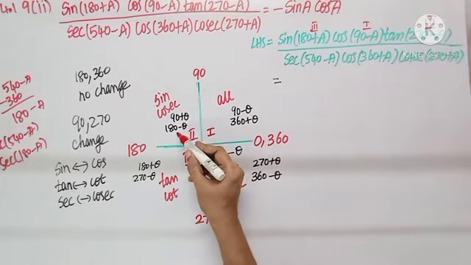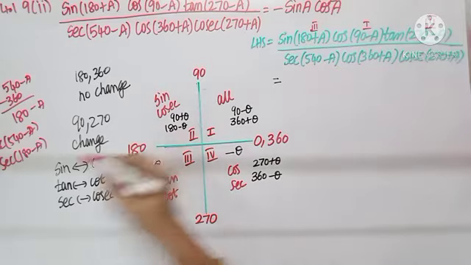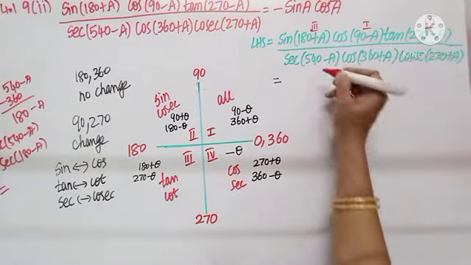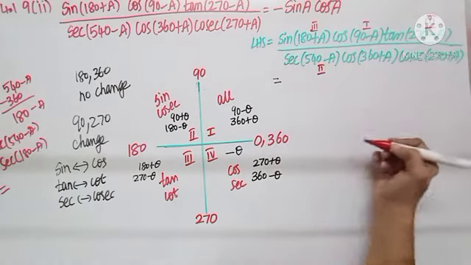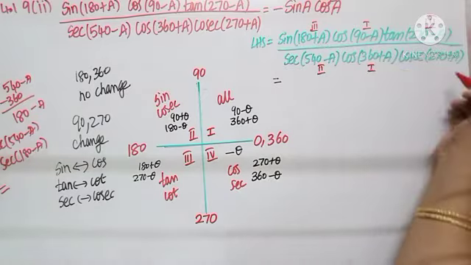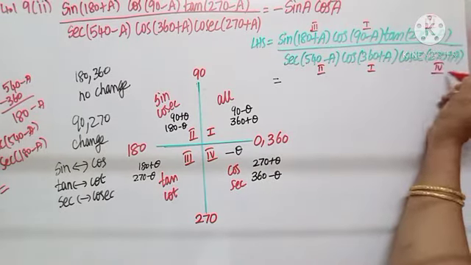It is the second quadrant. Second quadrant secant, we have to check the symbol. 360 plus A, I am in the first quadrant. 270 plus A, I am in the fourth quadrant.